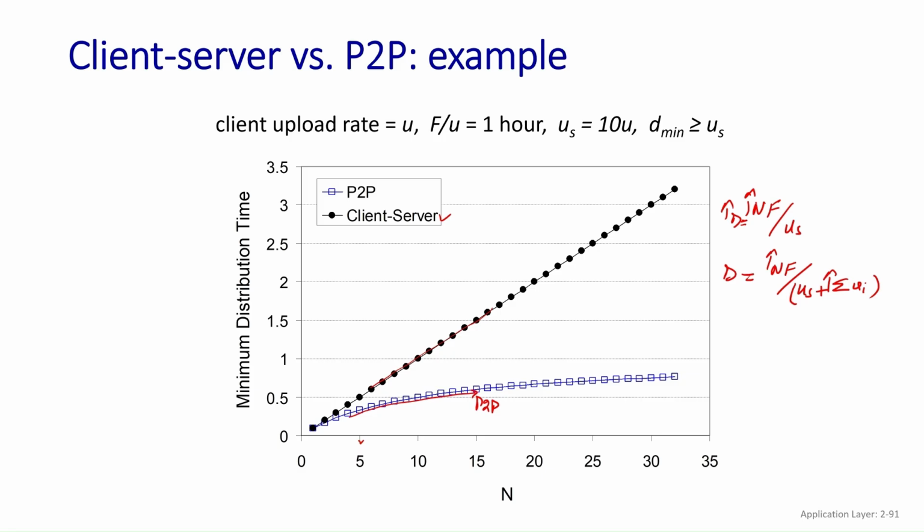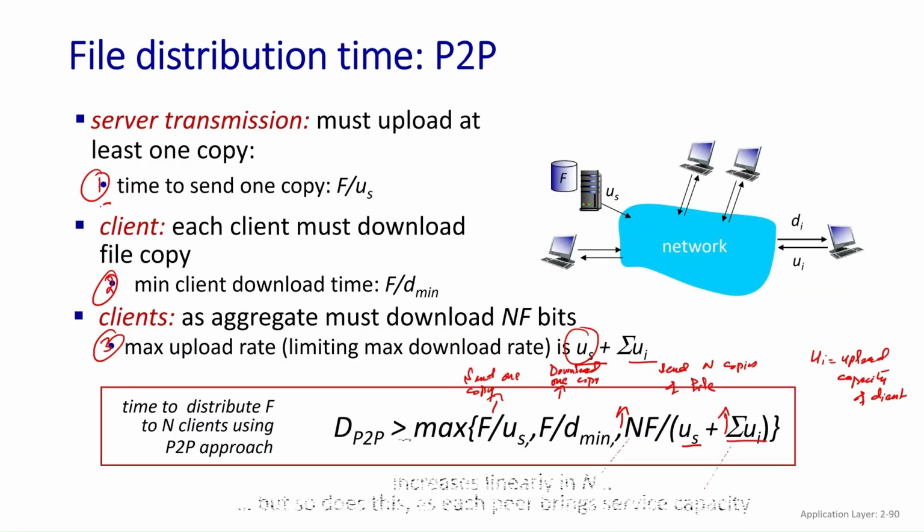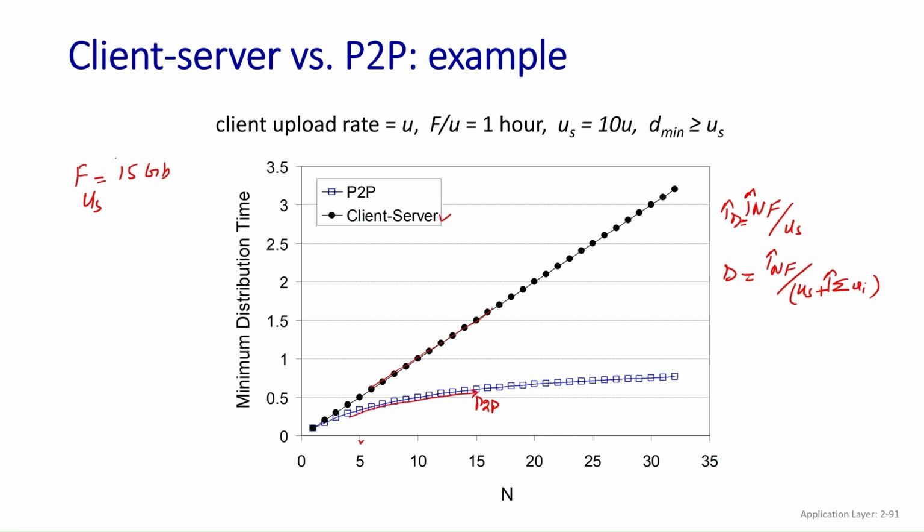In order to understand this, I would like you to go through this example. You have a file of size f, where the size is 15 GB, and the upload capacity of the server is 30 megabytes per second.